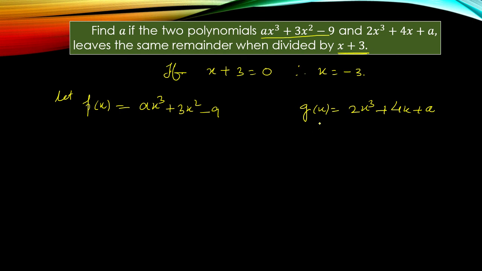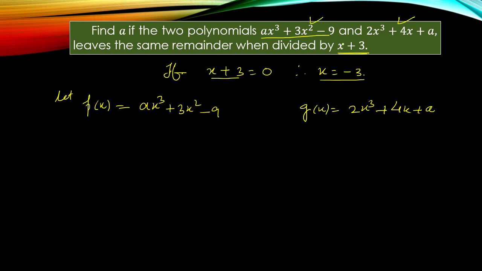What does the remainder theorem say? Get the 0 of the divisor, put the 0 of the divisor in the dividend, and get the remainder. Because both polynomials are divided by x plus 3, both polynomials are dividends.